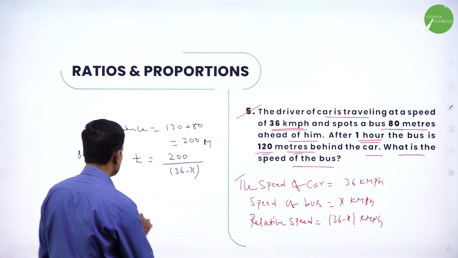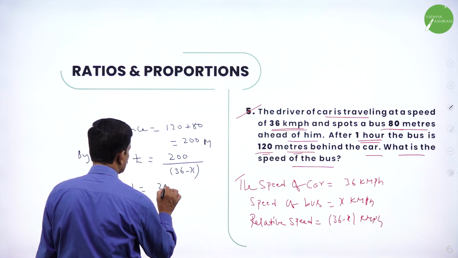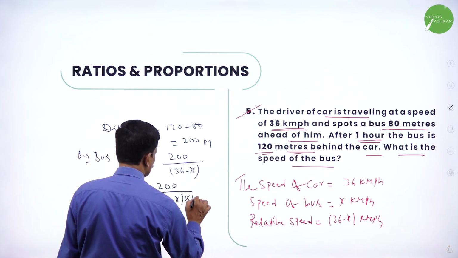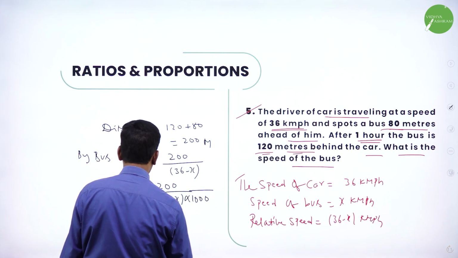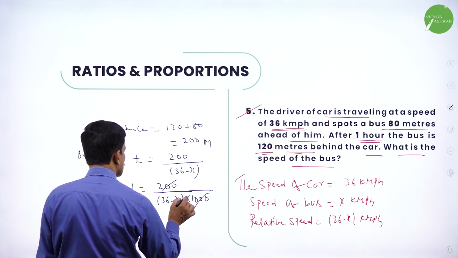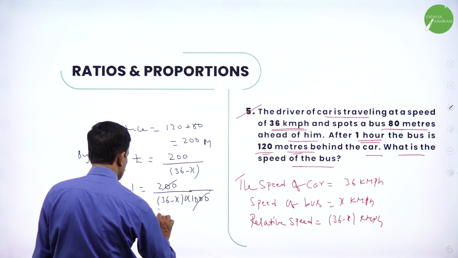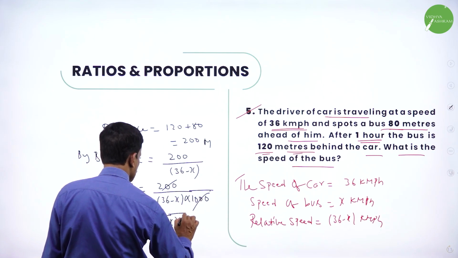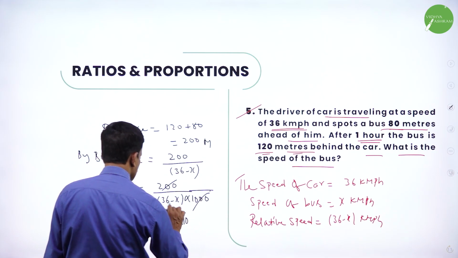So therefore 1 is equal to 200 divided by 36 minus x into 1000. So simplify this. The zeros get cancelled. So 2 divided by 36 minus x into 1 by, that is 2 by 10.